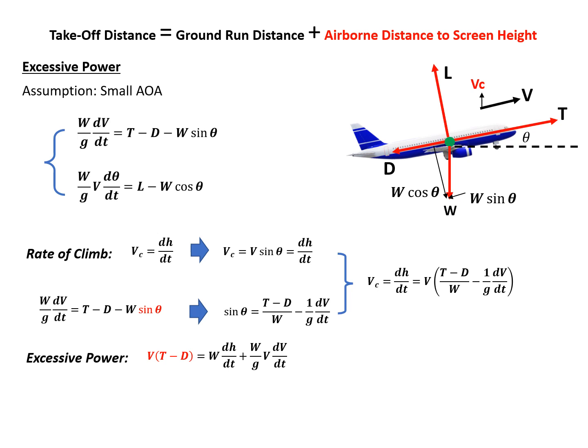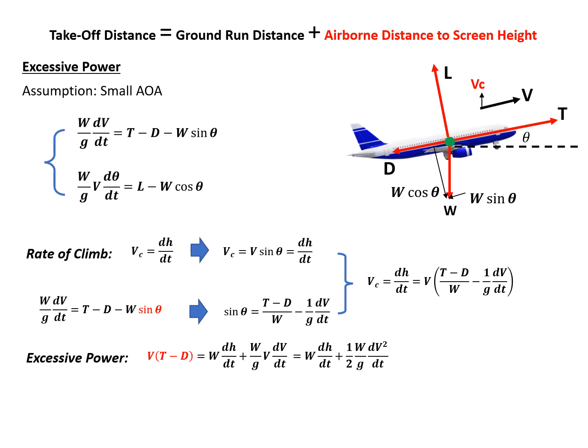Let's go further. Now we can define the excessive power, which is V times T minus D. T minus D is like excessive force, and power is force times velocity. On the right hand side, that's just a rewrite of the above equation, Vc equals something. Then we reorganize the equation, especially the second term on the right hand side, V times dV over dt.